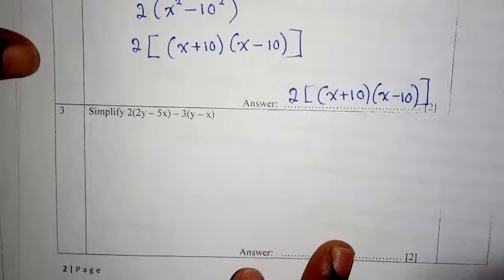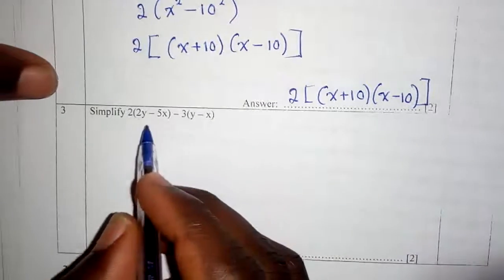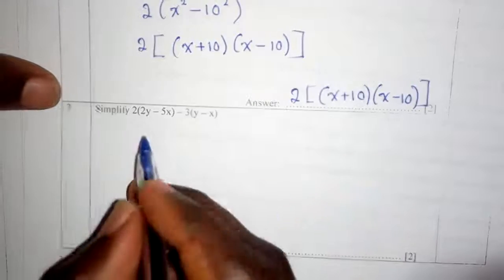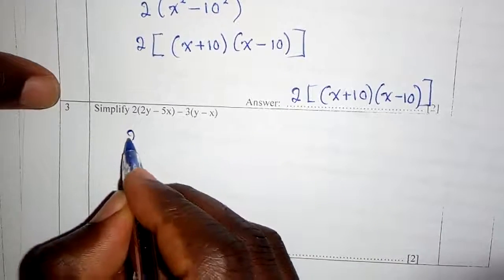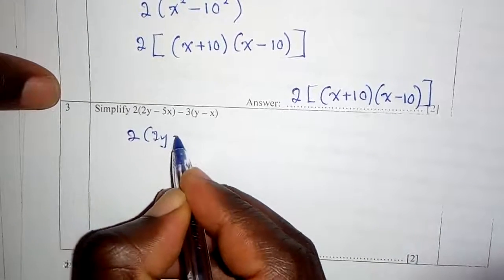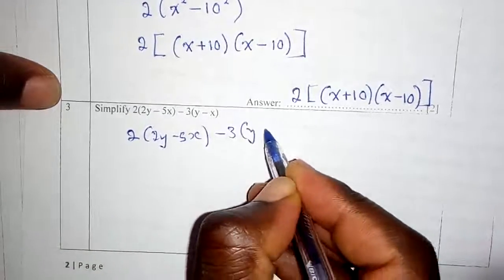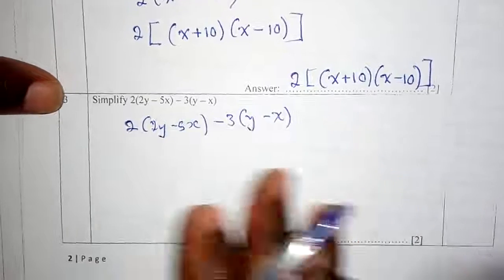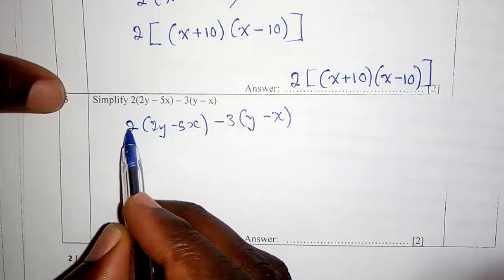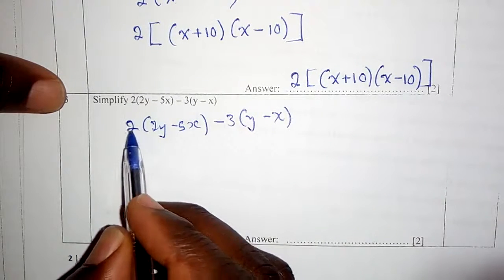The next question, they have said we simplify. So on how to simplify here, we copy. I like copying what has been given. I know you can go direct, but myself I like copying. So you will distribute these two.